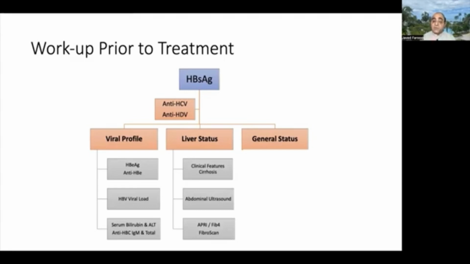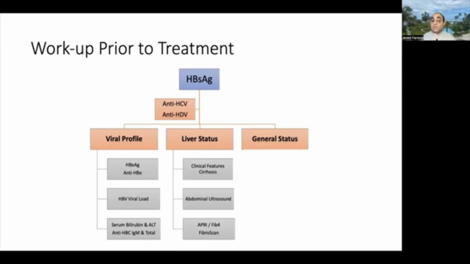But when these are absent, of course, the next investigation is abdominal ultrasound to see whether the liver is small, shrunken, or normal, what the portal vein size is, what the spleen size is, and whether ascites is present or not. And when the ultrasound is also normal, having a normal liver, normal portal vein, normal or mildly increased spleen size, and no ascites, then of course the role comes of APRI and FIB-4 and FibroScan to see whether the patient has a normal liver or a fibrotic liver.